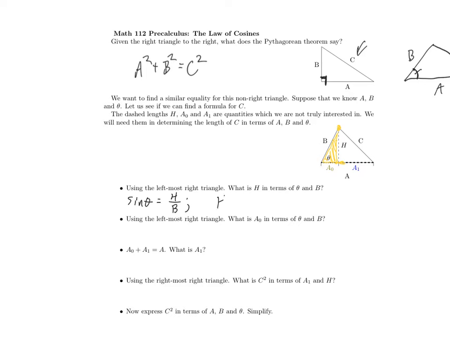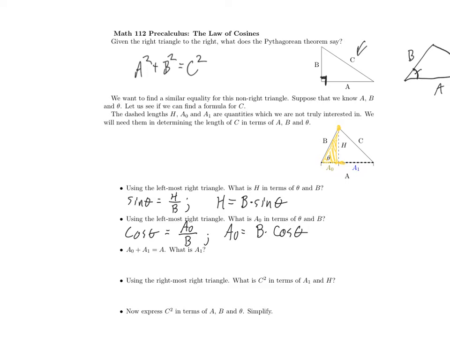Solving for h, we get h is equal to b multiplied by the sine of theta. Similarly, I should be able to find the side length a0, because cosine of theta is adjacent over hypotenuse. There's the adjacent, there's the hypotenuse, so the cosine of theta is a0 divided by b. Solving that for a0, I get a0 is equal to b multiplied by cosine theta.